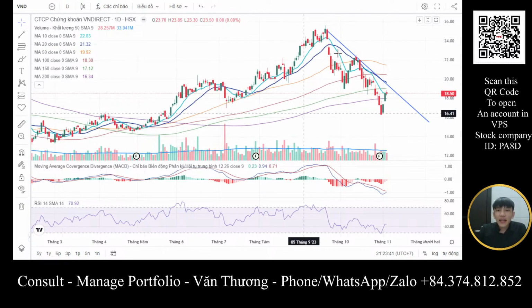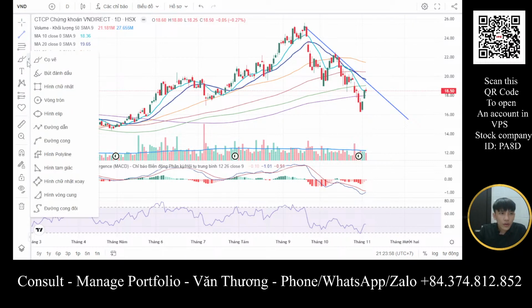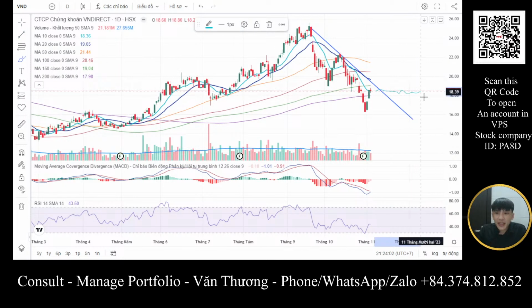You can see VND is in a downtrend, right? And the stock hasn't set up. The optimal setup is for this stock to go flat in this area, and then it can move up.